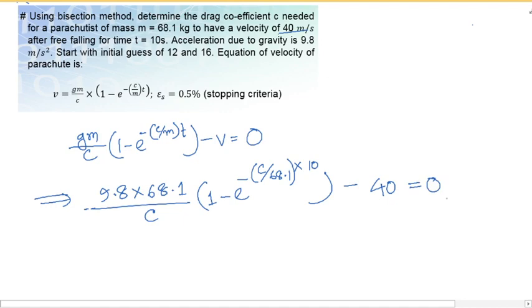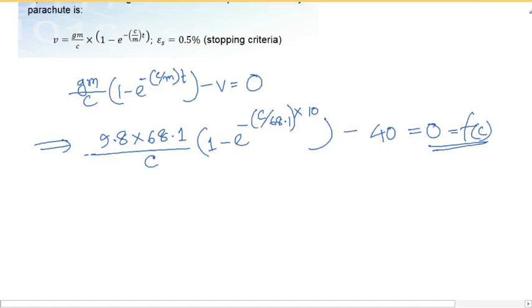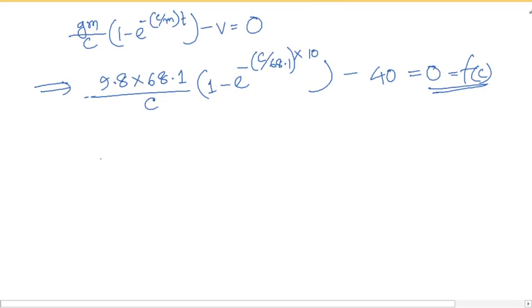So everything is on the left hand side, and it equals to 0, and this is the function of c, which we need to make equal to 0. For which value of c, that is our main concern for this particular math.